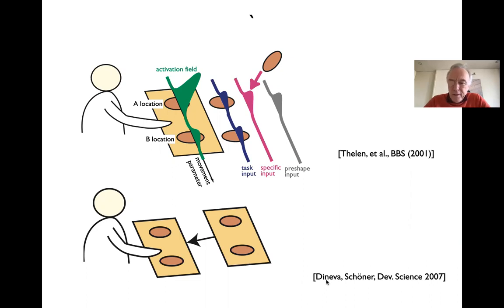Vedina Dineva corrected that in her thesis by postulating that when the box is shifted into reaching space, that will be a boost to the field, so that even if previously it had no peak, at that point it would create a peak from whatever subthreshold inputs it has. It's also an input. It's a homogeneous input. So these are 4 sources of input rather than 3.